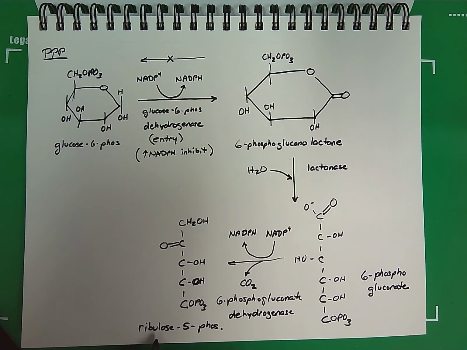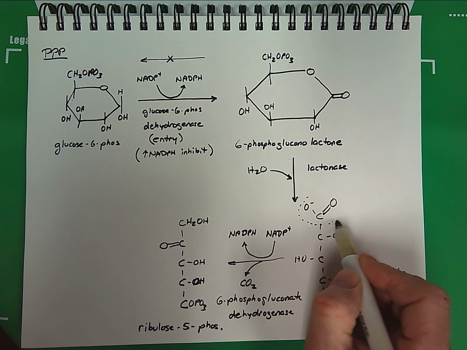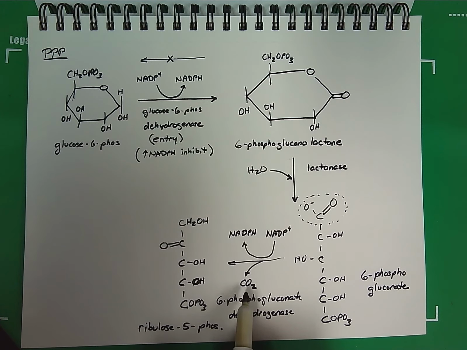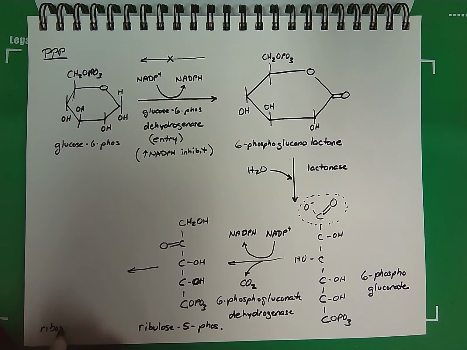Ribulose now, because we are a pentose, we still have the phosphorylation, but it is now on the number 5 carbon, because the number 1 carbon was ejected by the decarboxylation reaction. Now the final step of this reaction is to generate the ribose 5-phosphate structure.